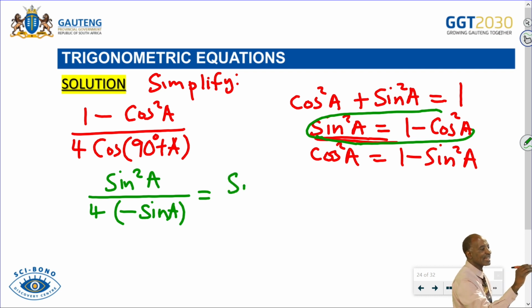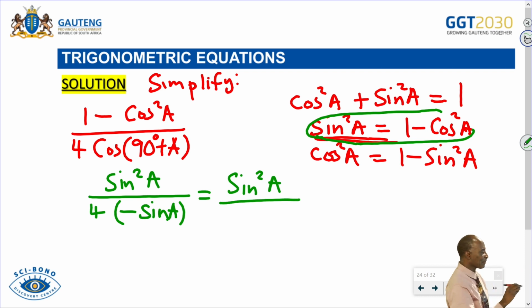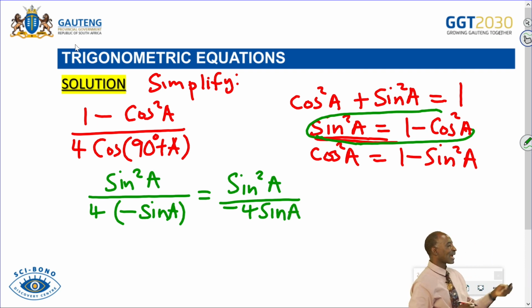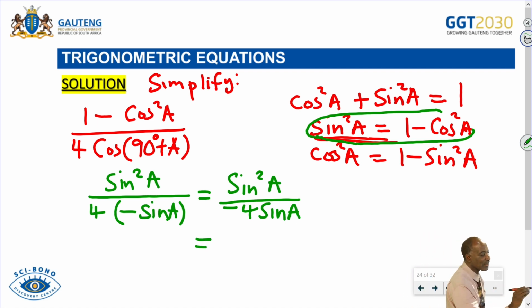This goes to sine squared A divided by negative 4 sine of A. We have multiplied there. Negative sine A times 4 is negative 4 sine A. Then we simplify. We can divide easily here. This will then give us negative 1 over 4.